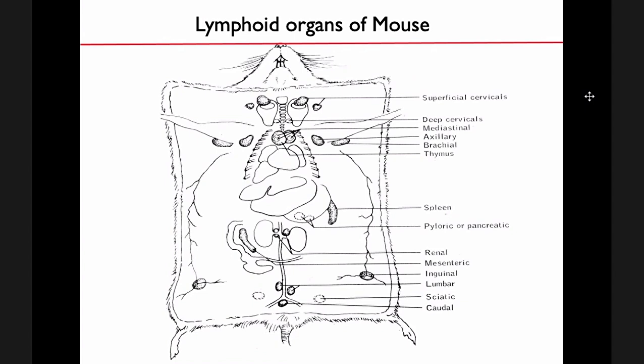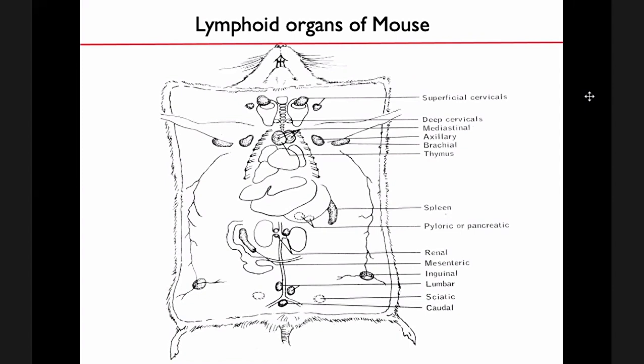The classification basis is how organized the structure is, whether you have the cortex, medulla, capsule, trabeculae, a well organized germinal center, and whether they are surrounded by connective tissue. All these things classify these as organized or not so well organized, or a mere aggregation of cells. Right, sir. Thank you. Yeah.